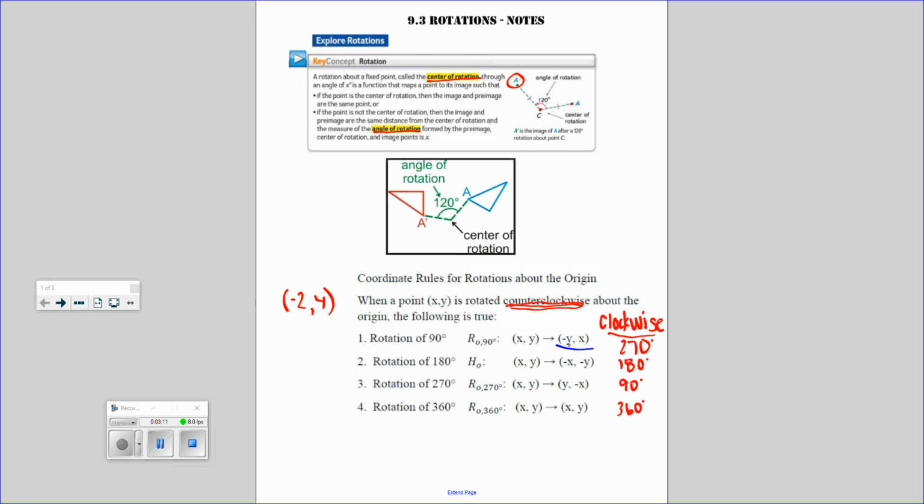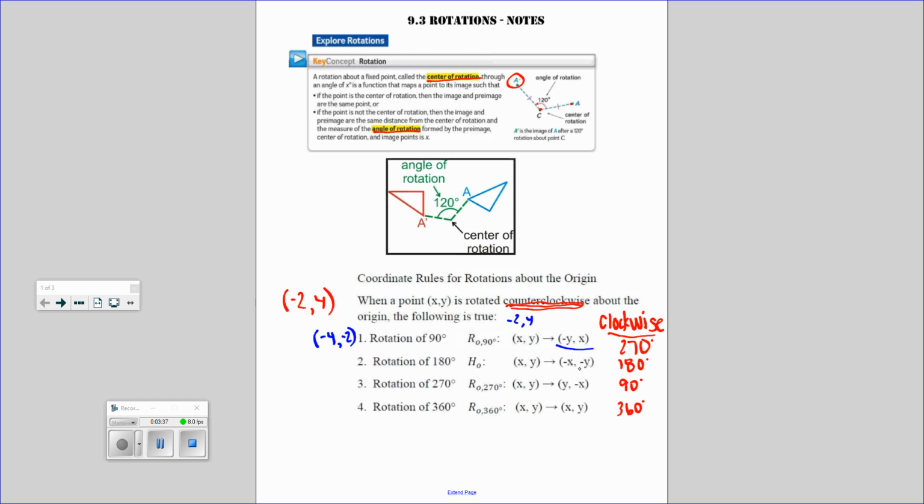The original point is -2, 4. Whatever is in our x and y spots are going to switch places, and the new x is going to be the opposite of y. So that new point would be -4, -2.